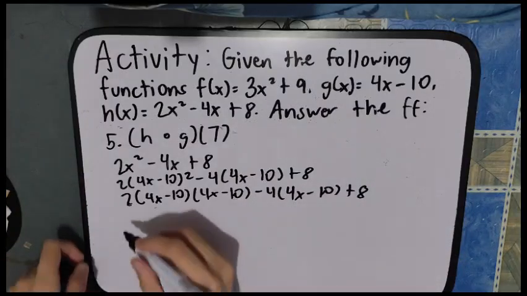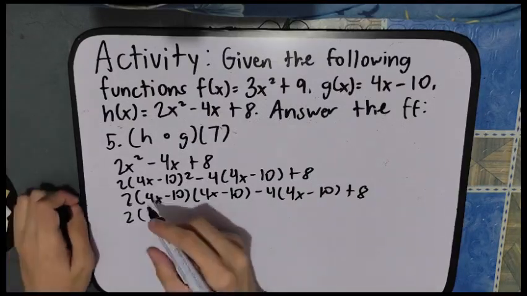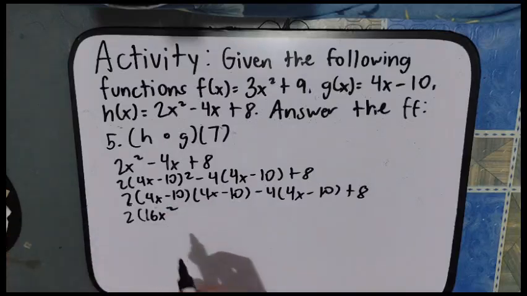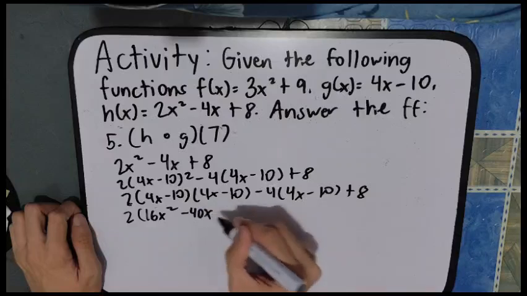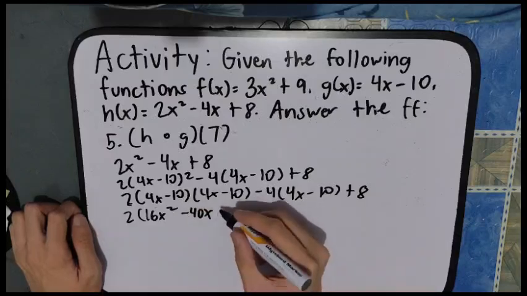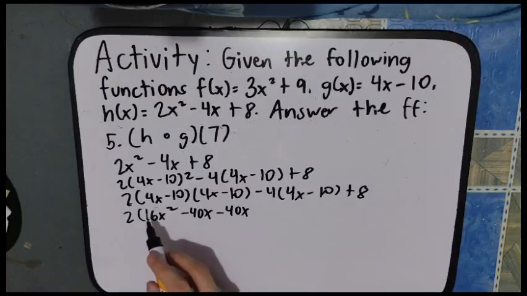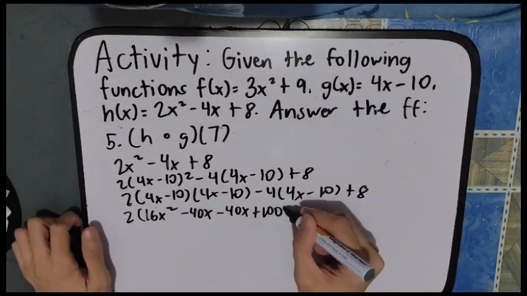And then we're going to use again the FOIL method to multiply the two binomials. So 4x times 4x, 16x squared. 4x times negative 10, negative 40x, negative 10 times 4x, negative 40x, and negative 10 times negative 10, we have positive 100.